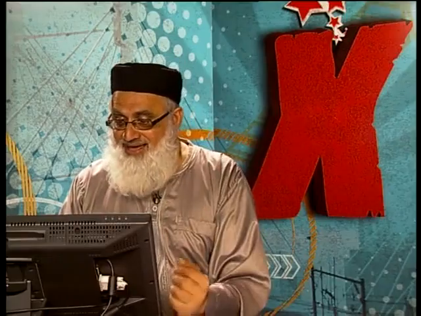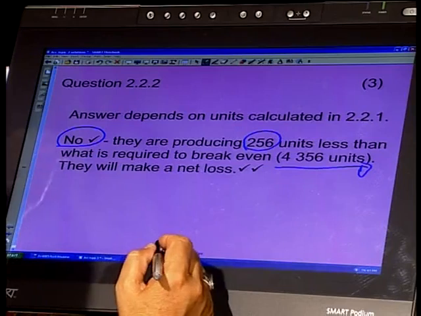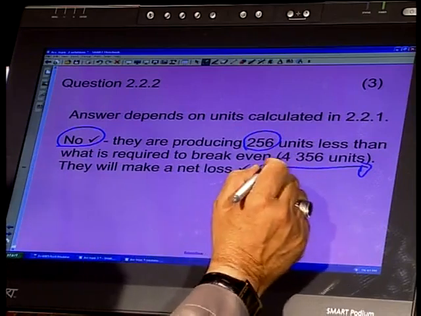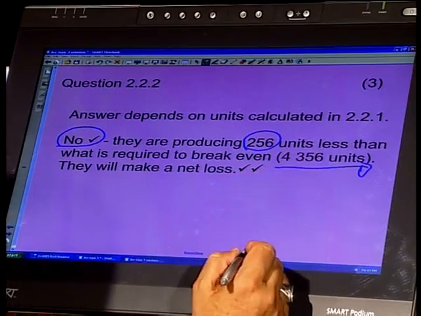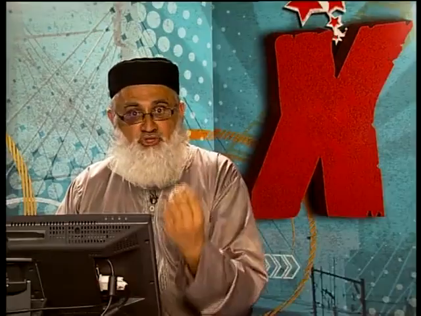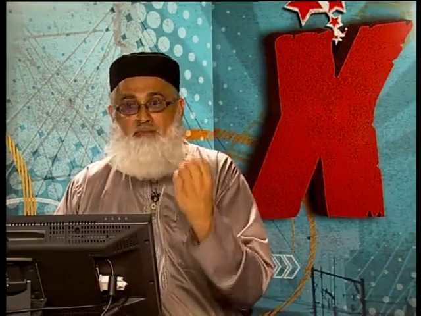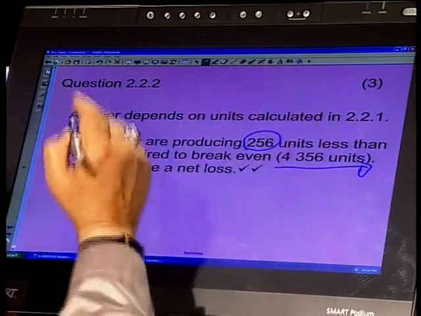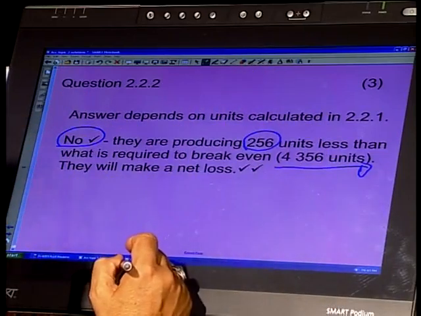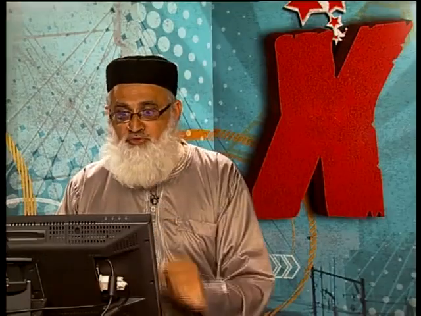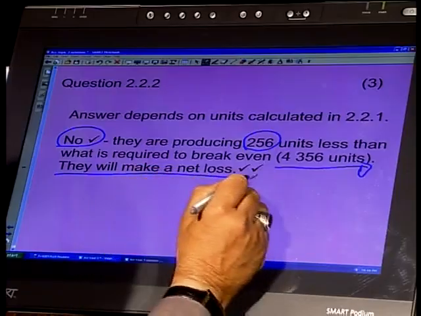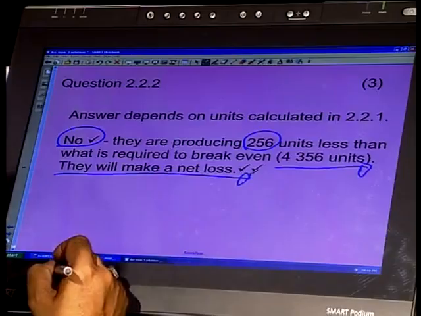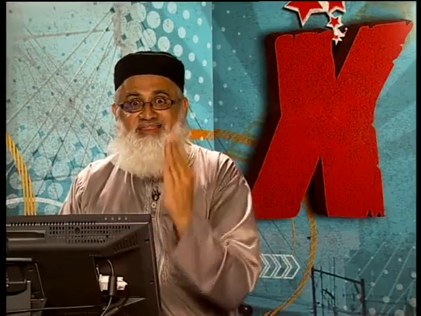And if we look at the question, what do we find? The business produced 4,100. We've only produced 4,100. And what is the break-even point? The break-even point was 4,356 units. As a result of this, you can clearly see that we are producing 256 units less than what is required to break even.